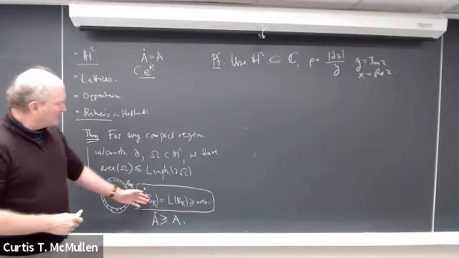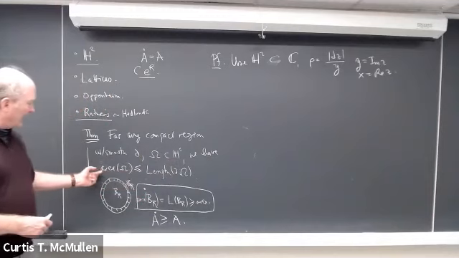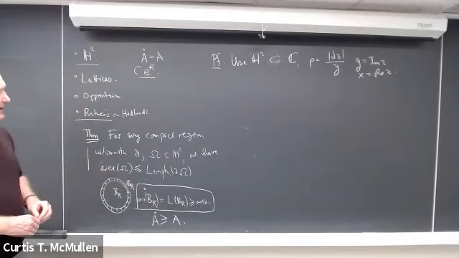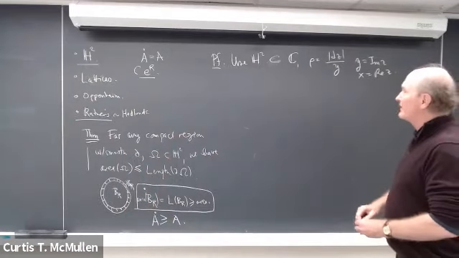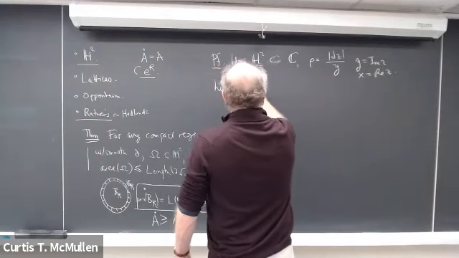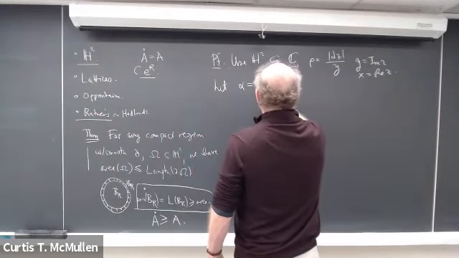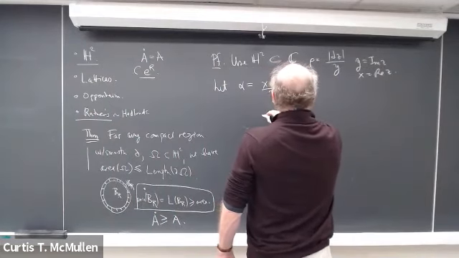So if that 1-form is bounded, then the integral of the 1-form over the boundary is controlled by the length, and it in turn controls the area by Stokes' theorem. So in the case of the hyperbolic plane, we can make that very precise. So we let alpha be, let's say, x dy over y.